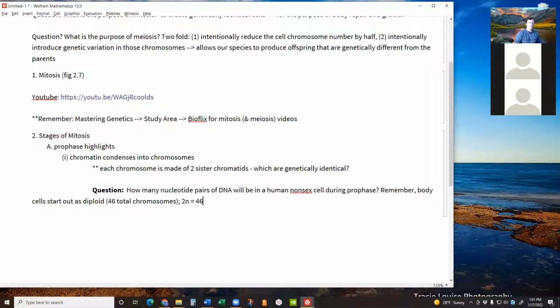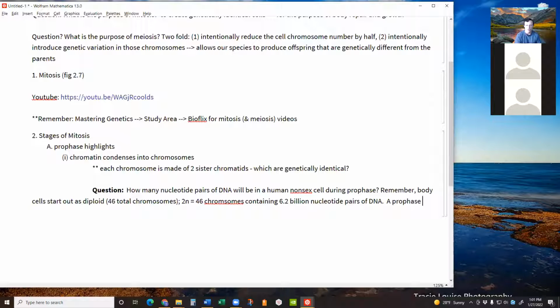So remember, the body cell starts out as a diploid, 2n equals 46 chromosomes, containing 6.2 billion nucleotide pairs of DNA.